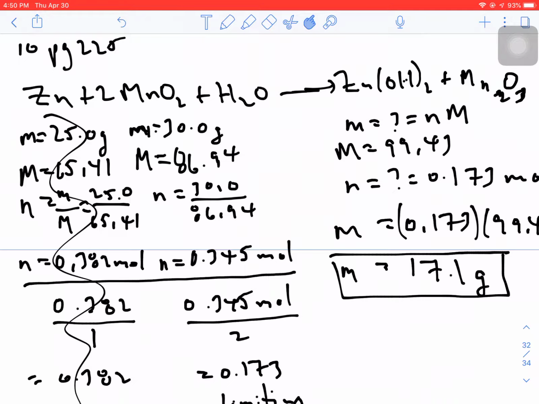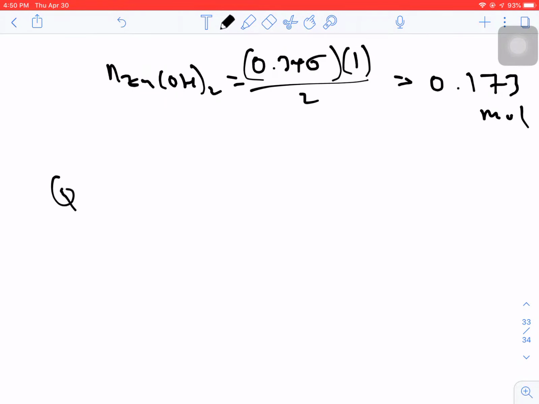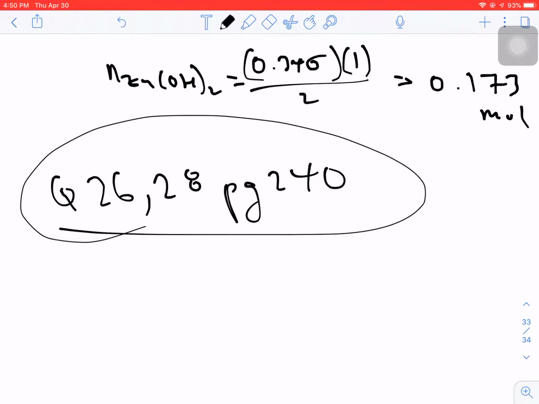Question 26 and question 28, in the chapter review on page 240. So there's a little more practice for you doing limiting reagent questions. I think 25 is just a mole ratio question, so you could do 25. It'd be fast and easy, if you want to do 25 for a bit of extra practice using your mole ratios.